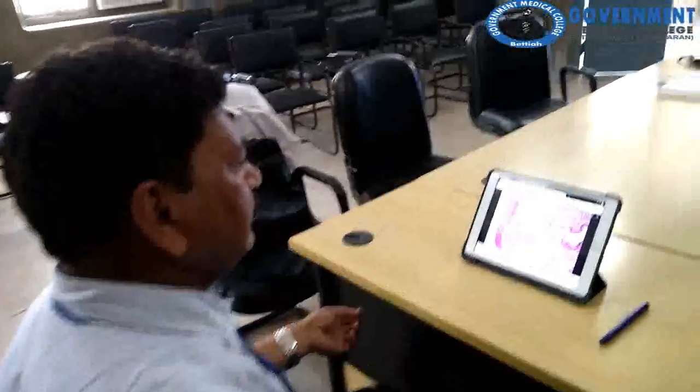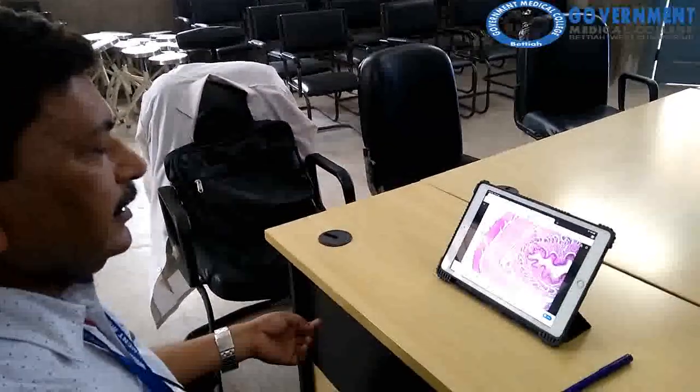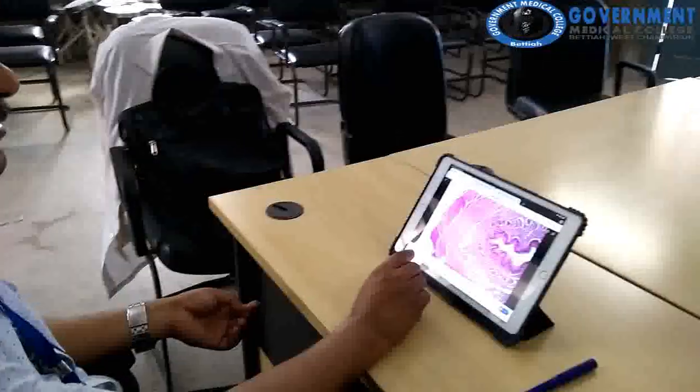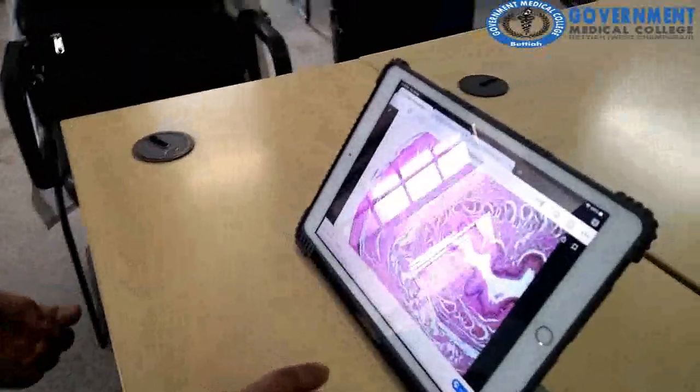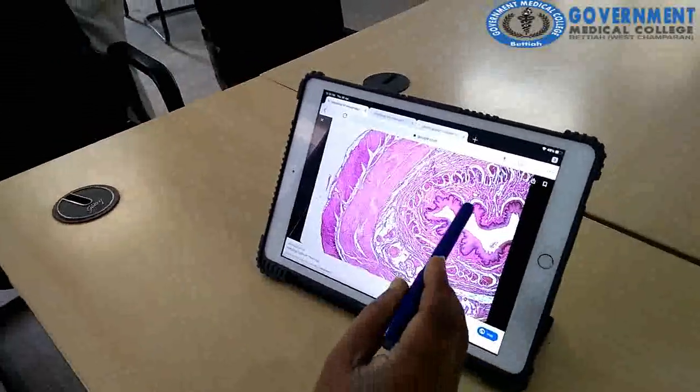As in the previous class, I have discussed the theoretical aspects of histology of esophagus and stomach. Now see this slide. This is a slide of esophagus. See the lining epithelium.